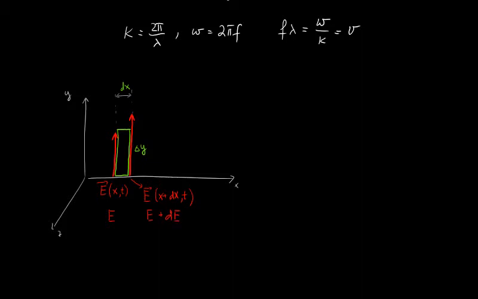Now let's apply Faraday's law to this rectangular loop. Faraday's law is the third equation in Maxwell's equations, which is the integral over the closed loop of E dot dl equals negative d of the magnetic flux by dt.